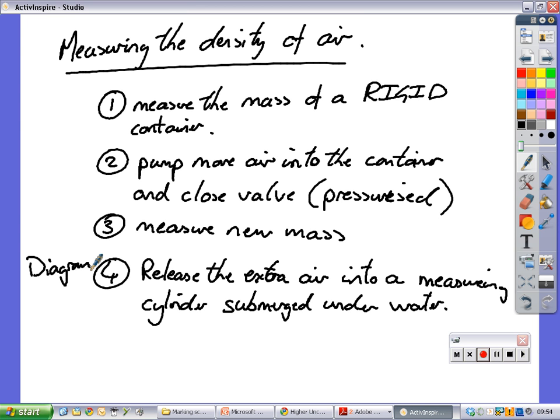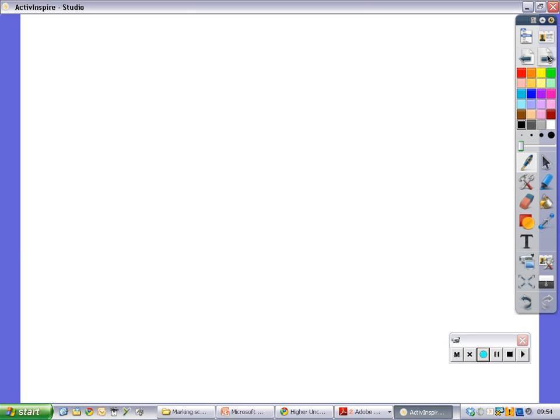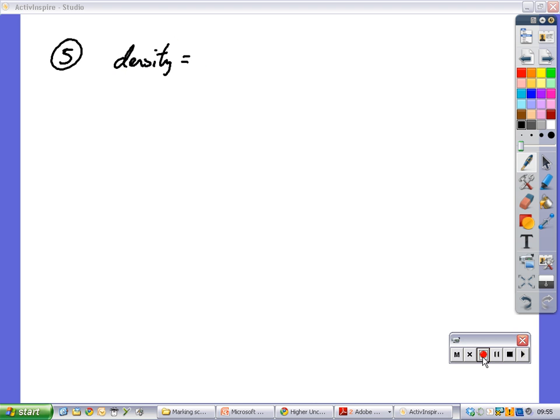Right, so the final part, part 5, the last part, is just using the formula to work it out. So part 5, 5 steps. The density of the air will equal the mass of the full container minus the mass of the empty container, divided by the volume of the air.